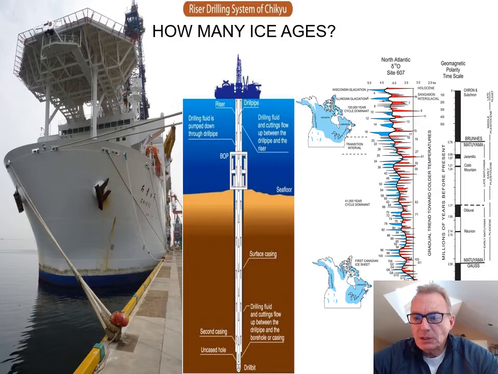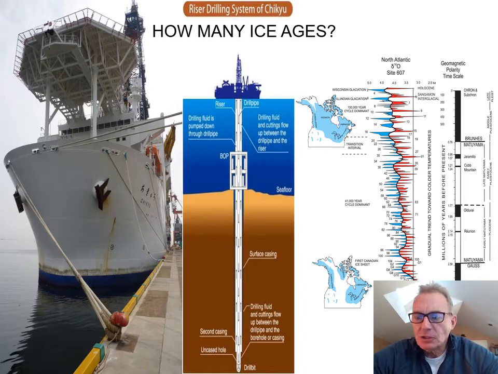And if you want the time scale, that's about the last 2.53 million years. And this is an interval of time that geologists call the Pleistocene. So we can talk about Pleistocene ice ages. And if you've got the time and the inclination, you can count up the number of blue spikes.